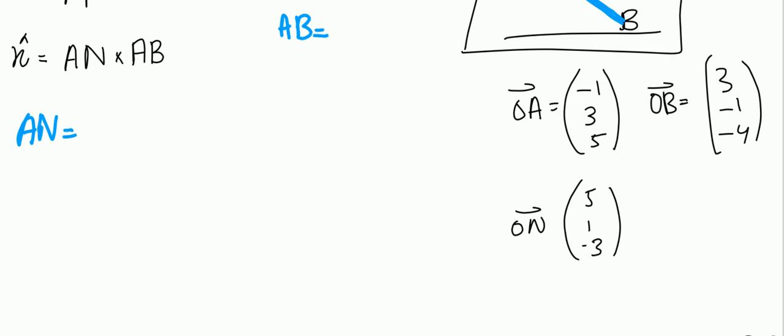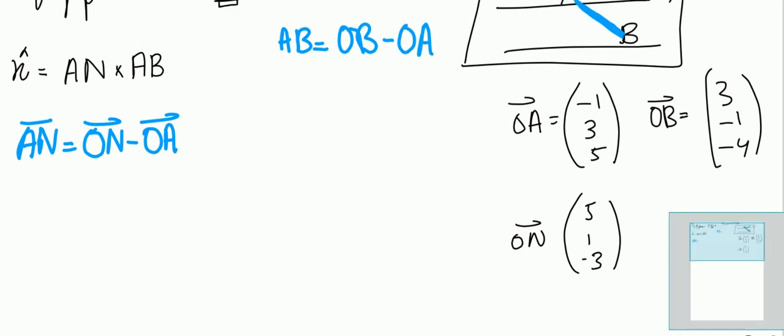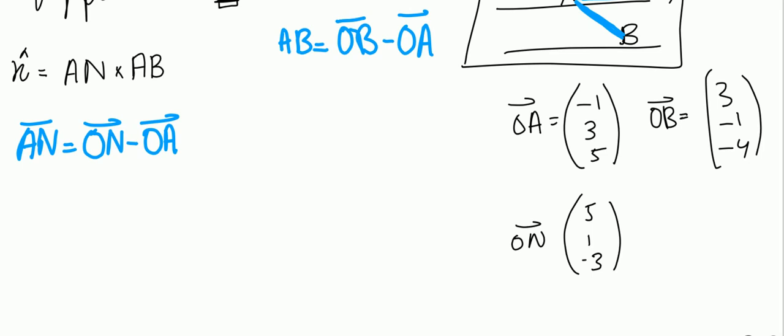So AN is going to be ON minus OA, and AB is going to be OB minus OA. So OA and OB, these two position vectors, were given to us in the question, and in part 2 we found out the position vector ON.